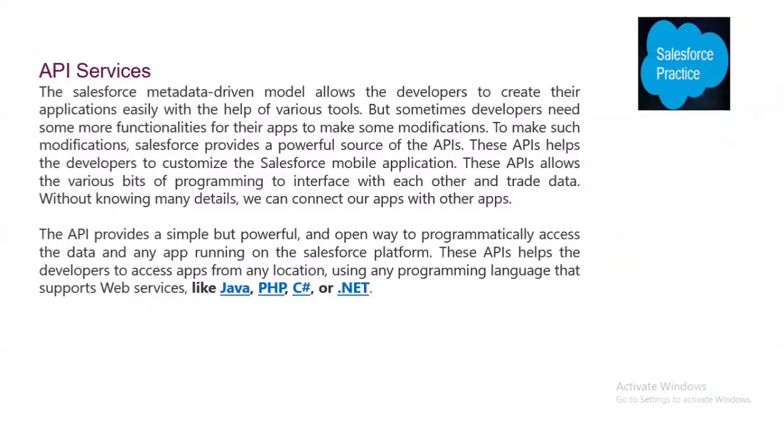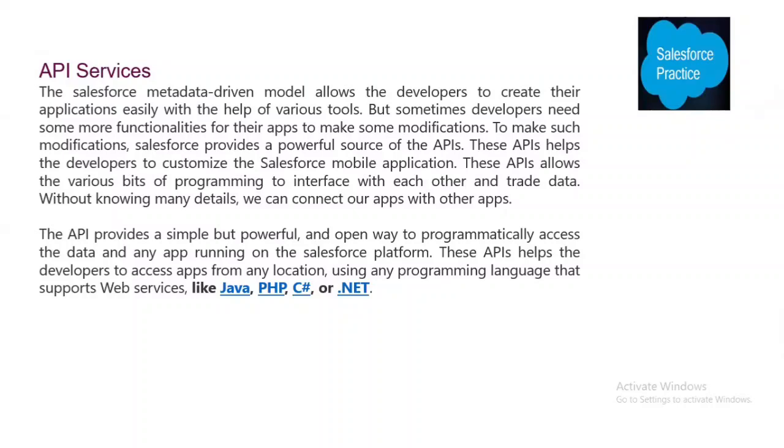Next, we need to discuss APIs. What are API services? API means application programming interface. APIs allow different pieces of software to connect to each other and exchange information. The Salesforce metadata-driven model allows developers to create their applications easily with the help of various tools.